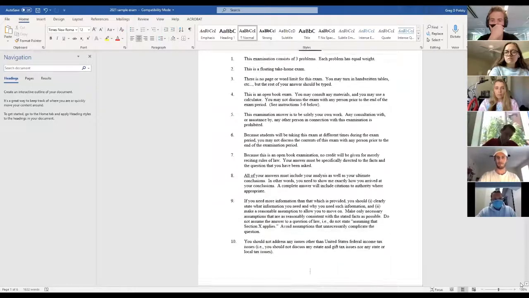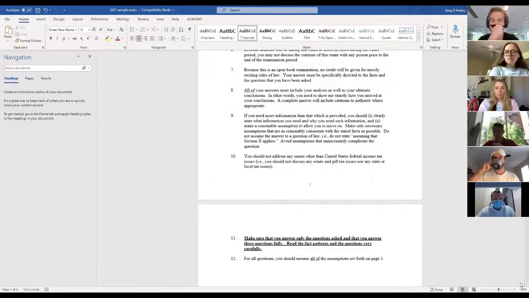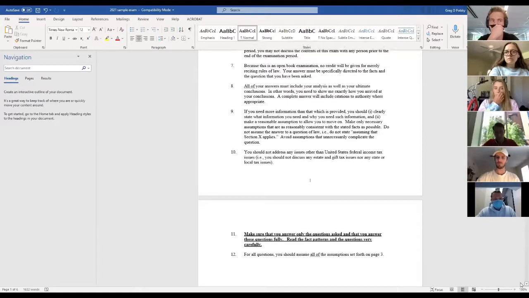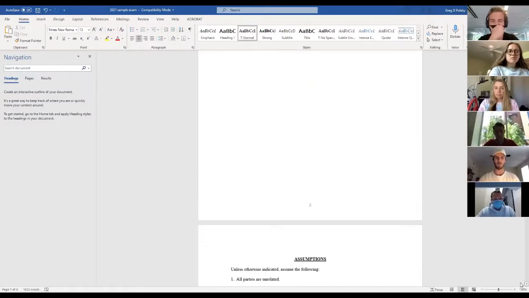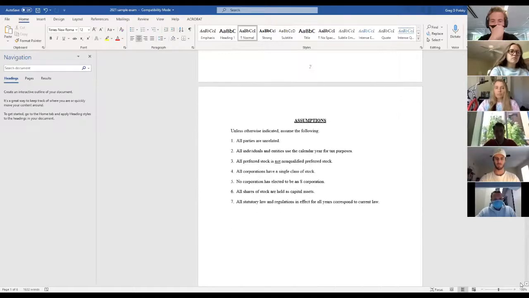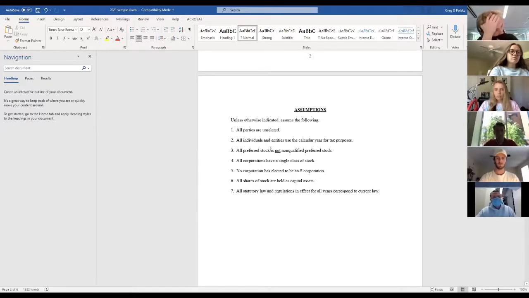Again, there'll be instructions about how to upload, download, that sort of thing. And then there will be an assumptions page like there is here, where it'll say, unless otherwise indicated, specifically here are the background assumptions, and much of them are consistent with what we've done in class. So just keep apprised of those.